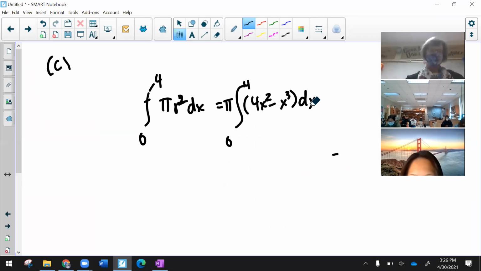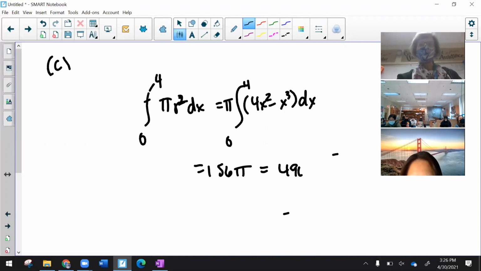And the thickness of my disk is dx. And I know my limits of integration are 0 to 4 because my solid goes from x equals 0 to x equals 4. That's where it crosses the x-axis. And again, I ended up with 156 pi, and that's where I got the 409.2.